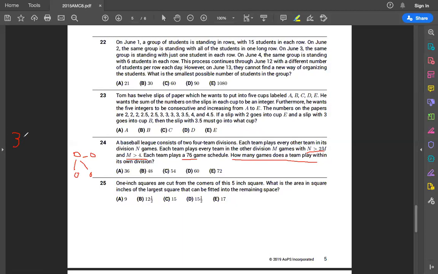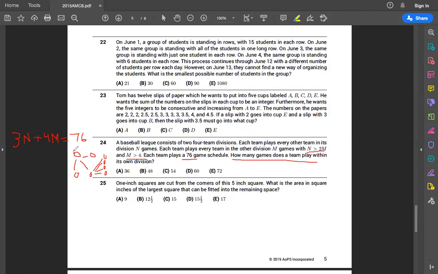So that's basically 3 times n. And 4 other teams, play them all once, 4 times for every game. So that would be 4m by the same logic. And this has to add up to 76.